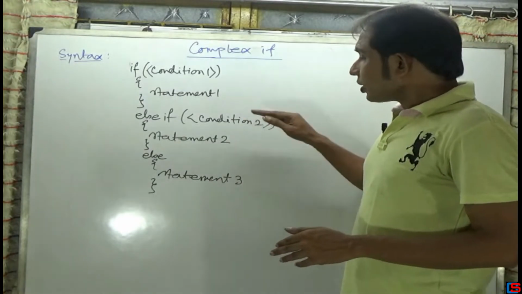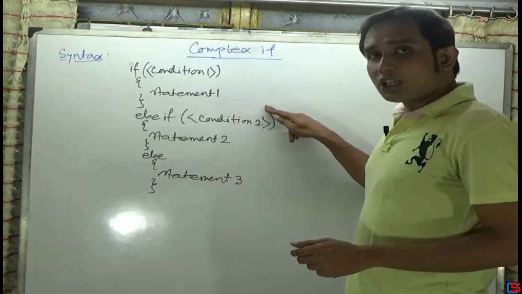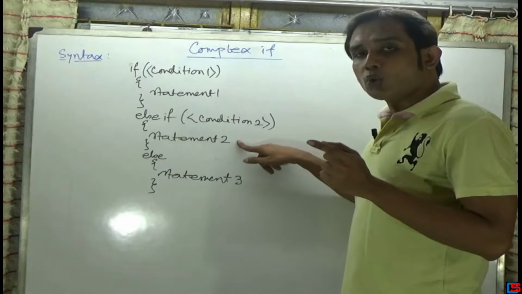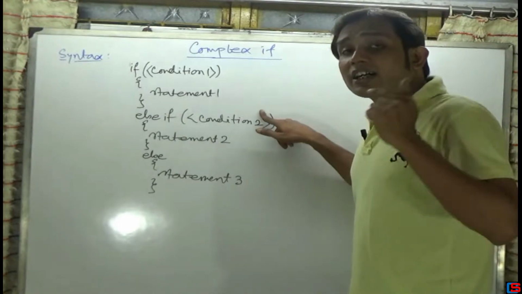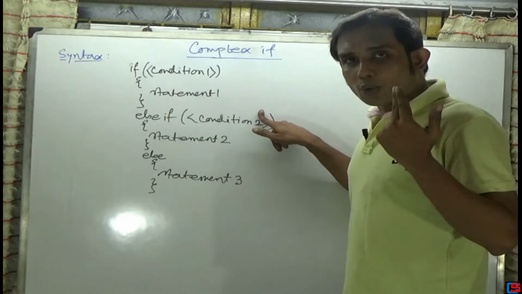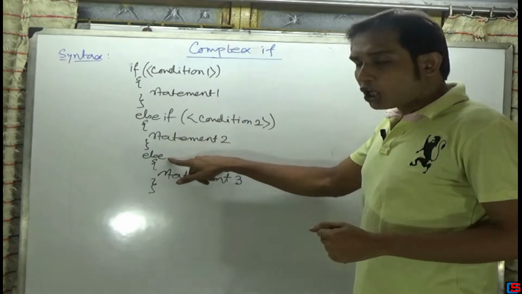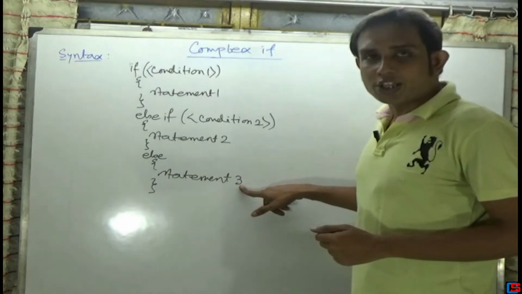But if the condition 2 is not true, it means it becomes false, then the control goes to the else block and statement 3 is going to execute.